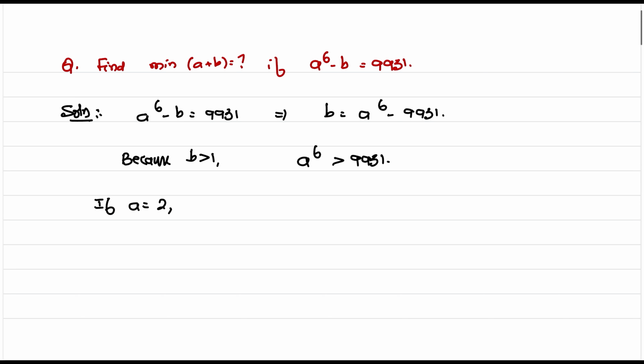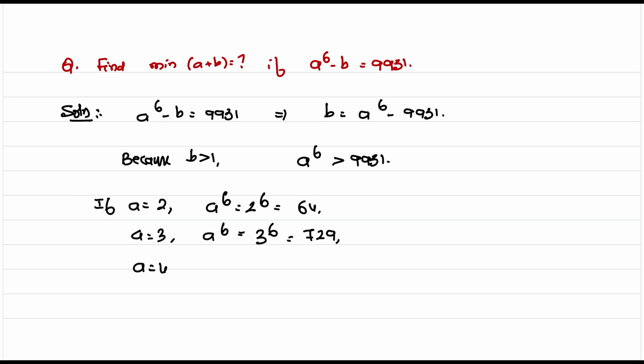If a is equal to 2, a to the power of 6 is 2 to the power of 6, which is 64. If a is equal to 3, a to the power of 6 is 3 to the power of 6, that is equal to 729.